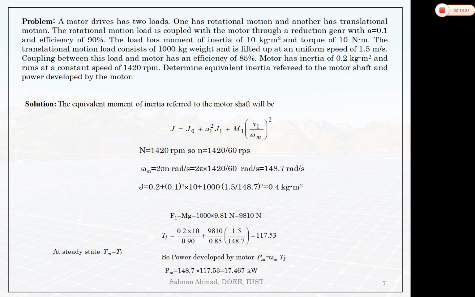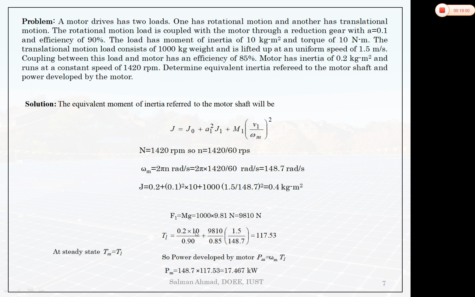Now if you want to determine the equivalent inertia referred to the motor and the power developed by the motor, we have to first compute the equivalent load torque, then multiply by speed, which will give the power developed by the motor. So again, the power seen by the motor.